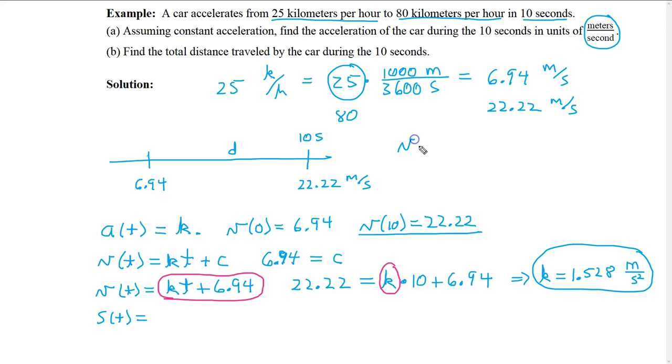Now our velocity, let's put the number in for k there, so our velocity is this. Now we need to take the antiderivative of this, and we will get this.